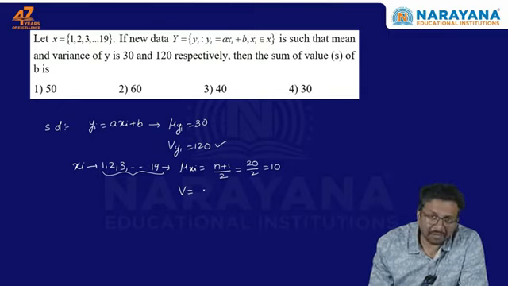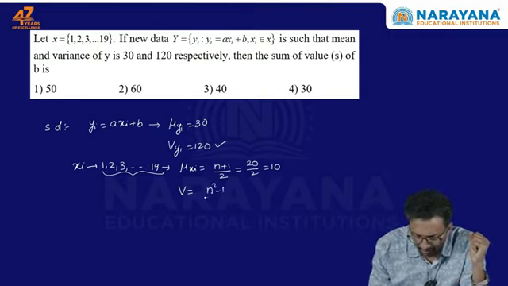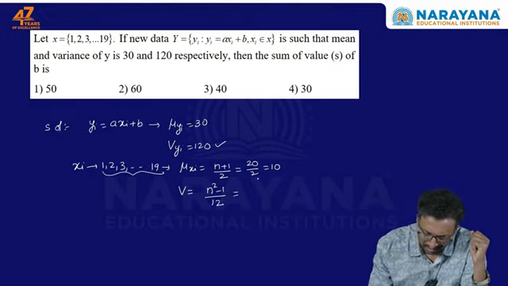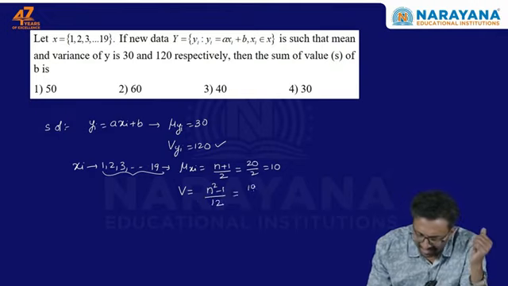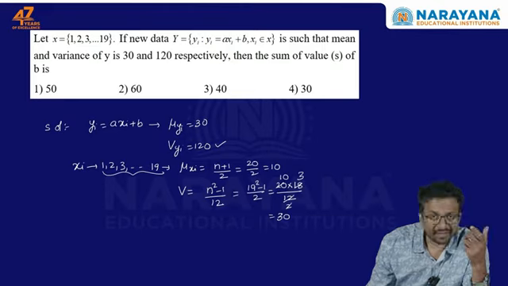There is a shortcut formula for the variance of first n natural numbers, which is equal to n square minus 1 by 12. So there are 19 numbers, so 19 square minus 1 by 12. A square minus b square is a plus b into a minus b by 12. So 6 2s are, 6 3s are, so 30 is the initial variance of x's.